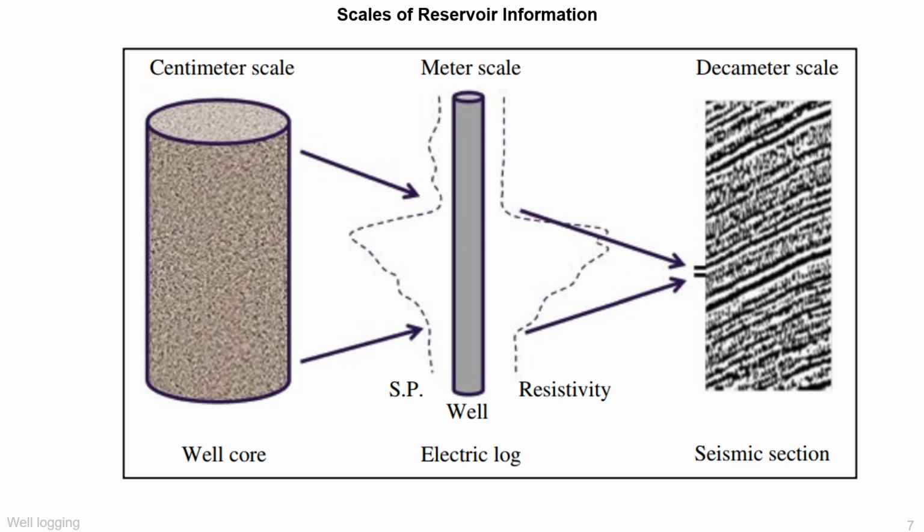Seismic gives field scale structure. None of these replaces the others. They are most powerful when integrated. This is one of the major ideas in petroleum engineering. Every dataset sees the reservoir at a different scale, and reservoir understanding comes from combining those scales.